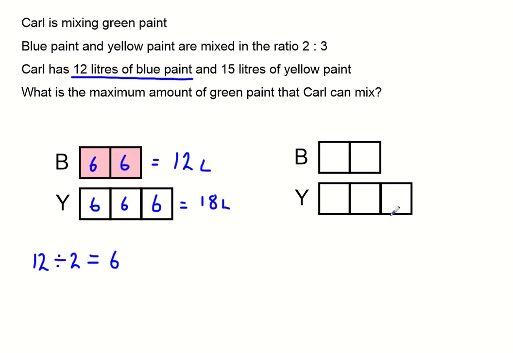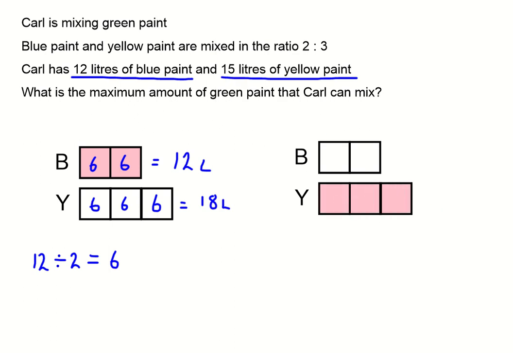That's where the second part of the question comes in. So this time we're going to disregard the 12 litres of blue paint, and now we're just going to focus on the 15 litres of yellow paint. So once again, we have the ratio of 2 to 3, but this time the amount that is the 15 litres is the yellow paint, so we're just dealing with the yellow paint.